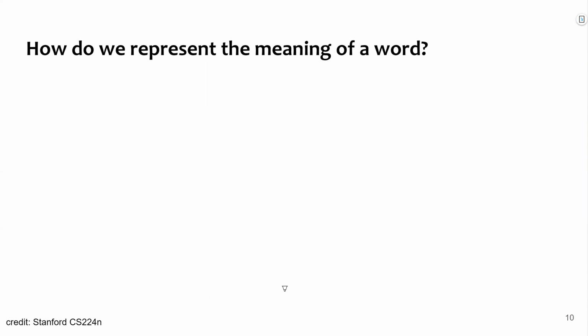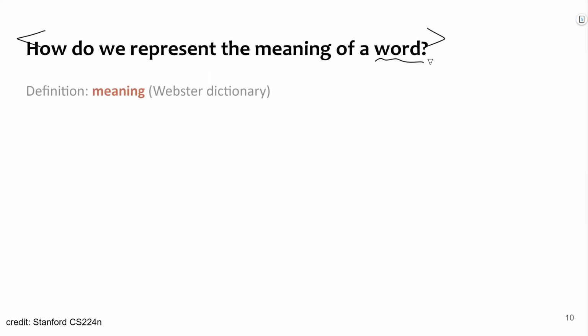So from this session and for the next couple of sessions, we are going to talk about natural language processing. And when we start the journey of NLP, the first question that we need to ask is how do we represent the meaning of a word? Because a word is the basic meaning block when we compose a sentence or paragraph or a text.